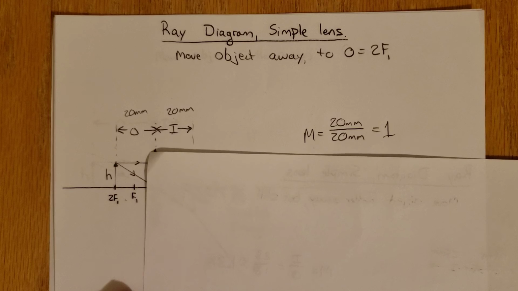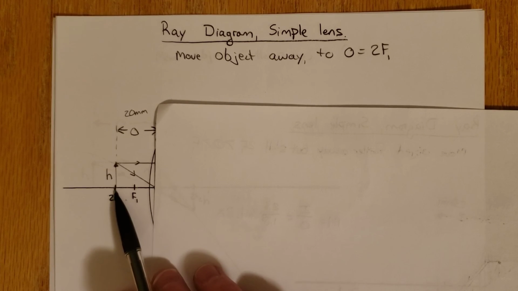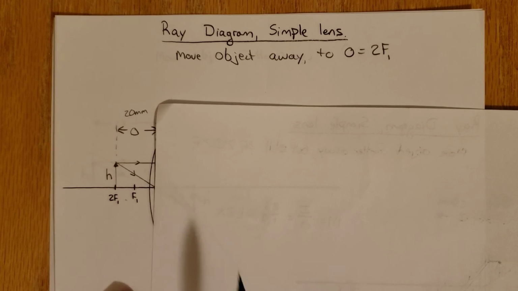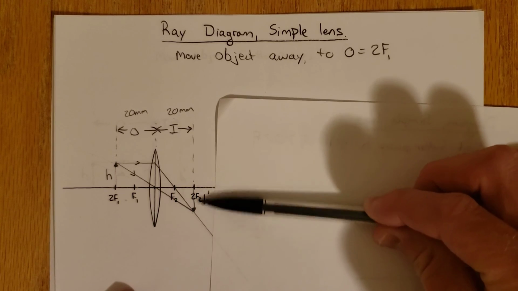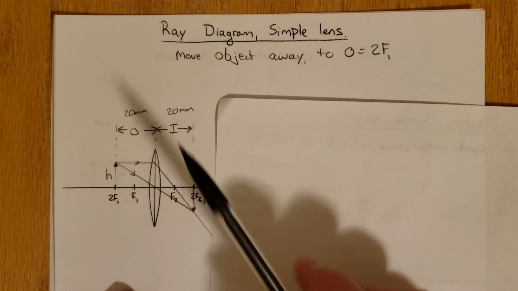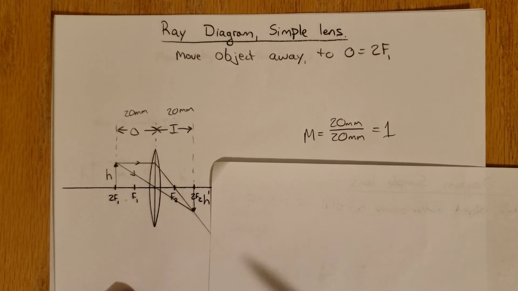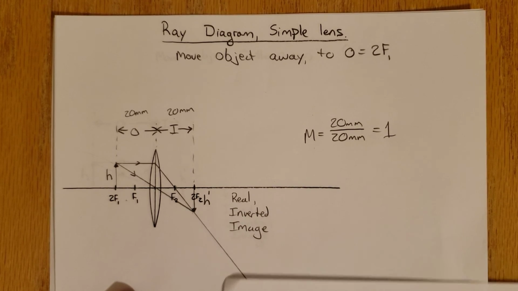The focal length was 10 millimeters, so 2 times f1 is 20 millimeters. If we draw our ray diagram, the image plane falls at exactly 2 times f2, which means O is 20 and I is 20, so our magnification is 20 over 20, or 1. Now we have a real inverted image, but there's no magnification.